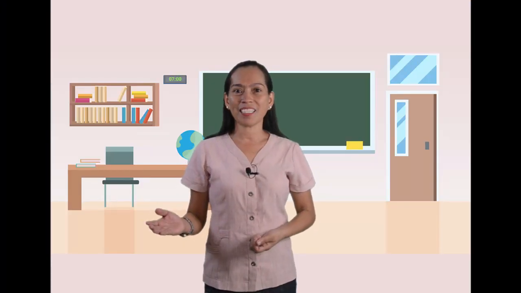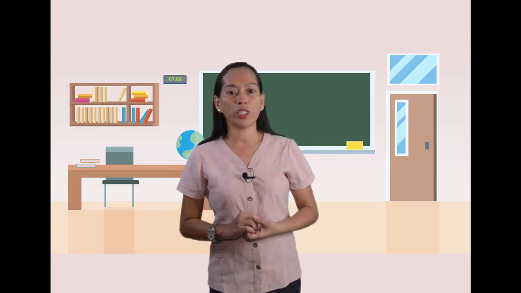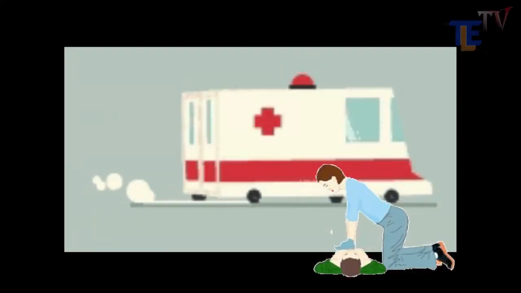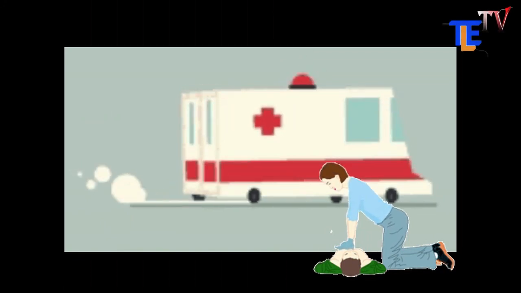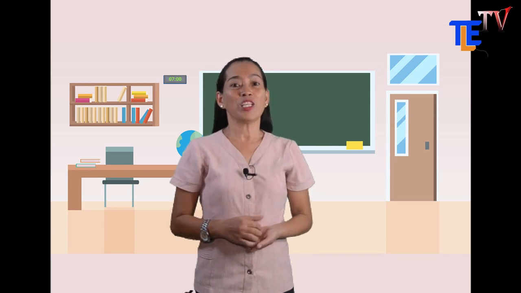Did you follow, class? Very good! Lastly, what should we do if a person is not breathing normally after an incident? That's great! We must call an ambulance and start CPR immediately. So, in order for us to be able to call for help, what must we remember?